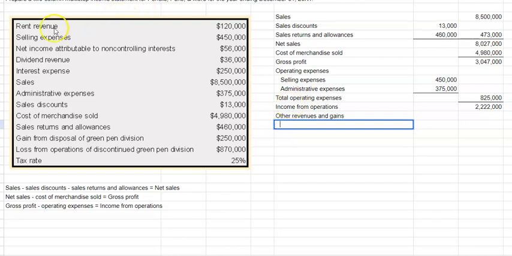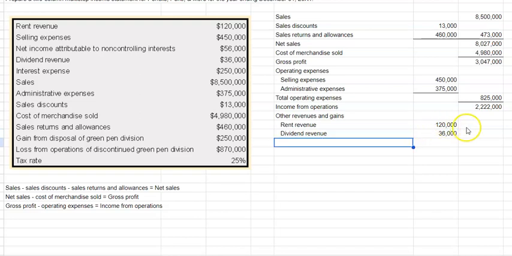So I see here that I have 2 other revenues / gains. I have rent revenue of $120,000 and I have dividend revenue of $36,000. So again, I'm making a list, so I'm going into that left-hand column. All right, I'm going to total those up to the right.